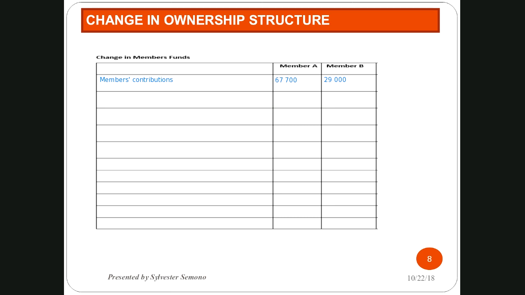Is 30%. So 70% of this 89,200, how much is it? Six to 40. And the remainder will be 30%. How much is 30%?